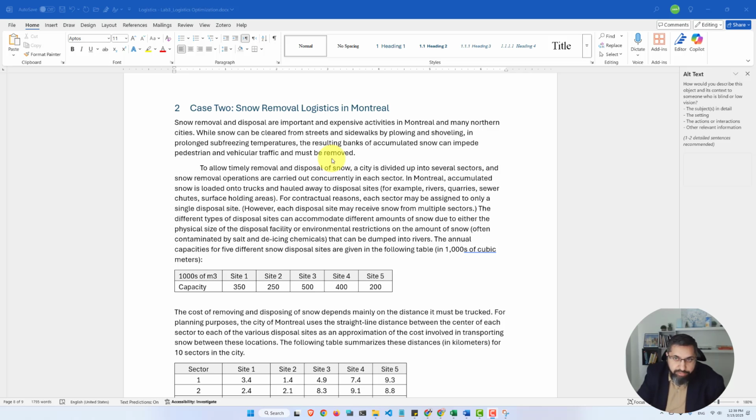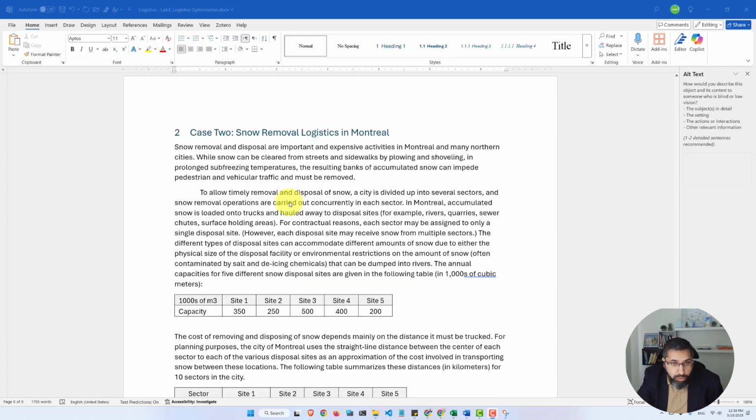So they have to collect the snow, load it up into trucks, and go dispose of it somewhere. Now this is snow mixed with whatever salts and stuff they put on the road, so this is not just clean, pure snow that they can just dump into a river. They still can, but there are limits and regulations around how much of this salty snow or snow with debris they can dump into rivers and at other sites.